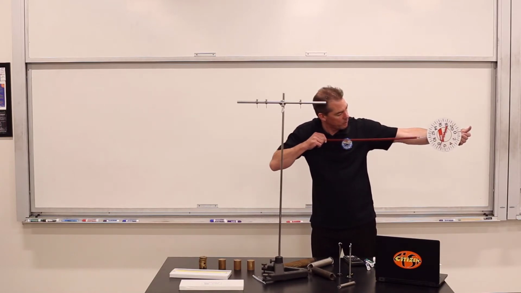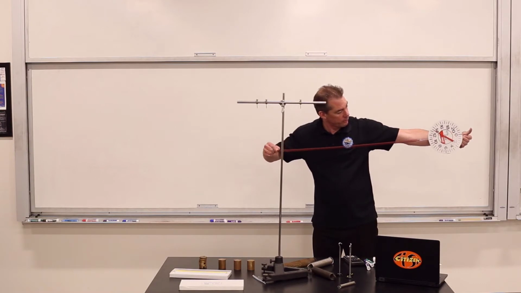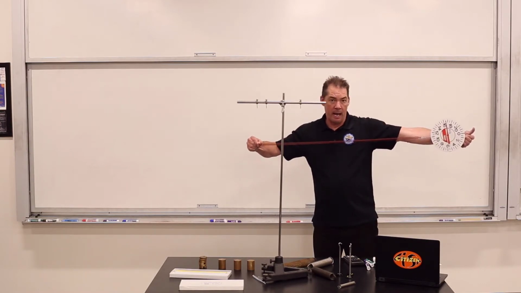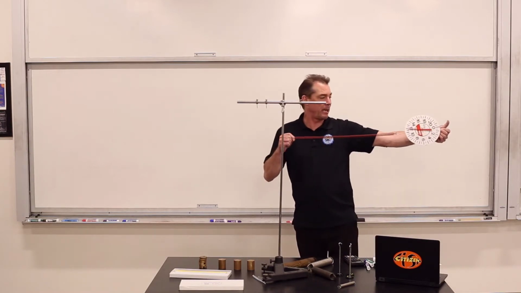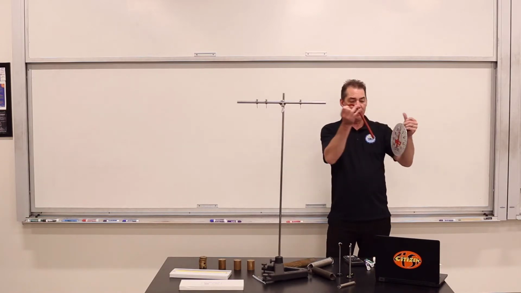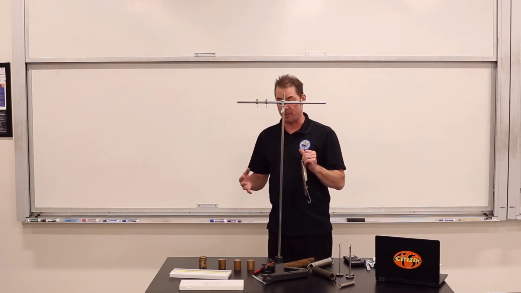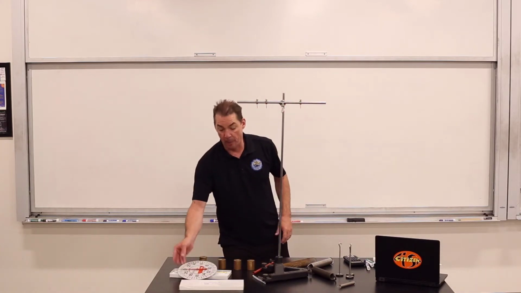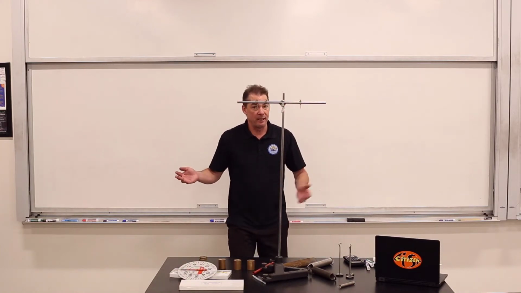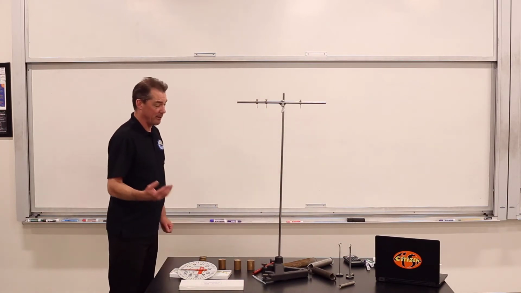I stretch it more and more, the needle deflects more and more. For a linear spring, the spring force itself is directly proportional to how much the spring has been stretched by. That is, to double the amount that the spring's been stretched by, you have to double the force, or you double the force it exerts on its surroundings.